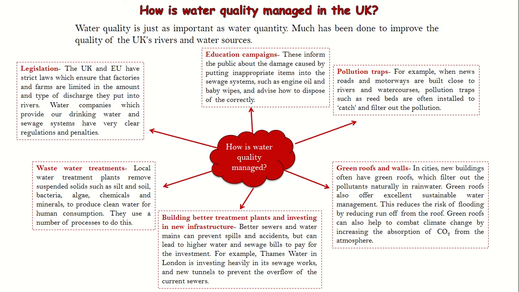Now, legislation is another word for the laws that are in place that enable water companies to provide drinking water. There's very clear regulations and penalties. So, for example, if United Utilities, the water company, provide water that is of a certain level of pollution, they face a financial penalty or a fine or even losing contracts.